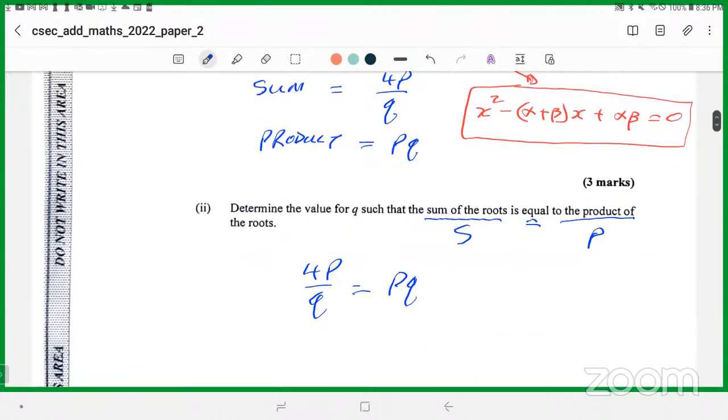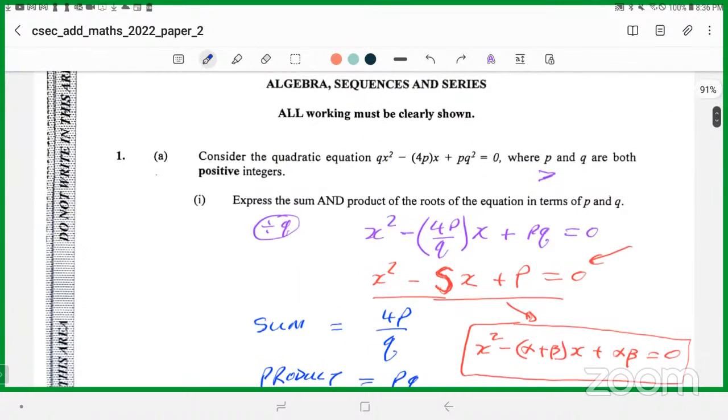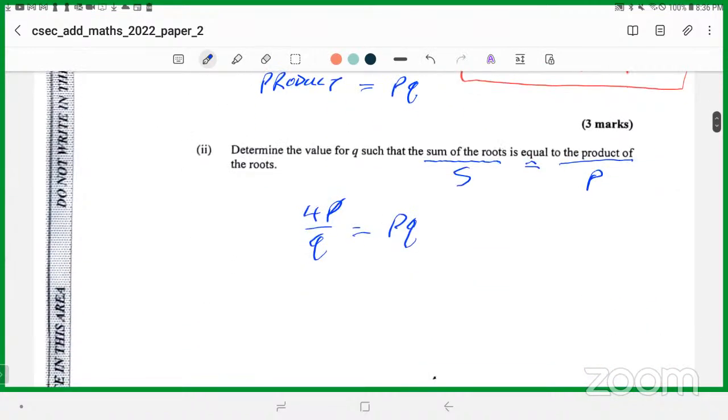So the P's will cancel on both sides, because they told us that they are positive values, and so we can divide them out. We get Q squared equals 4. So Q will be equal to plus or minus 2.